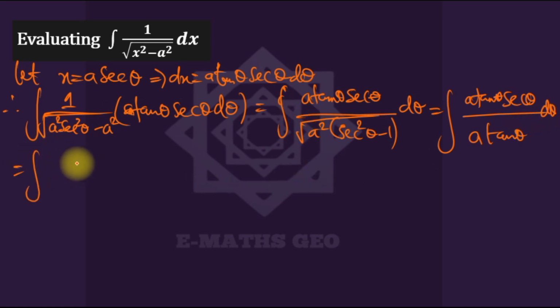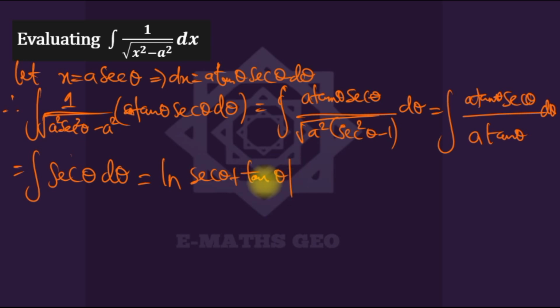So this is the integral of sec theta d theta. So we still get ln of sec theta plus tan theta.